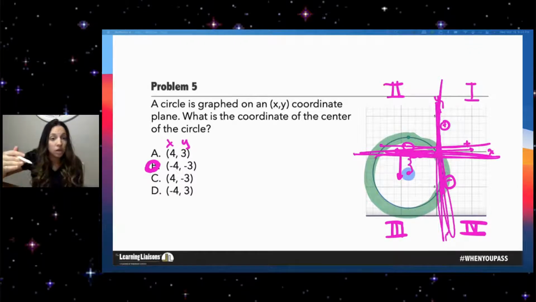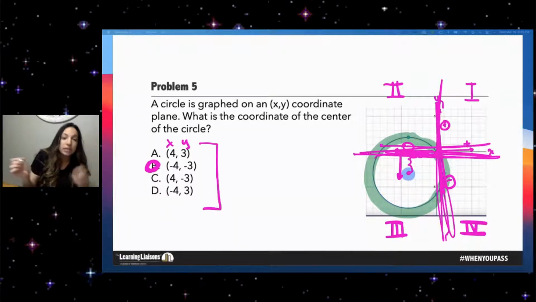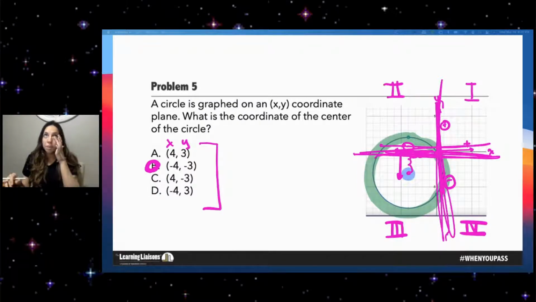So in this case, our answer is B. A lot of questions will ask, which of the graphs has a coordinate in the second quadrant? Or pick the point that's in the third quadrant, and you have to be able to identify which point is in that quadrant. Those are some very basic coordinate plane questions that you might see. But let's make this a little harder.